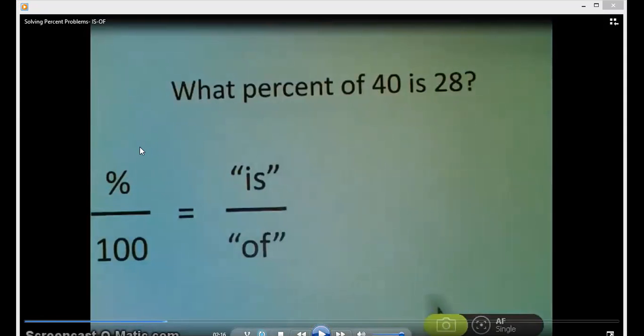So he's looking for what percent, right? And is represents a part from the whole. So if I want to simplify or describe this, which one is the part and which one is the whole? 28 is the part, 40 is the whole. And I want to know what percent of 40 is 28.